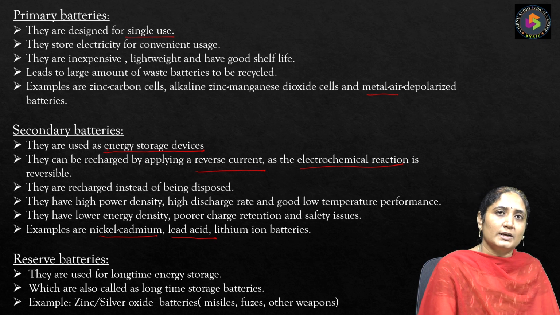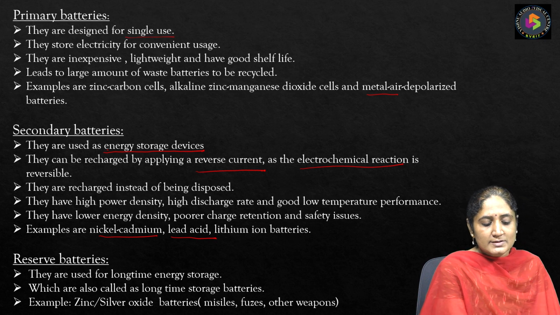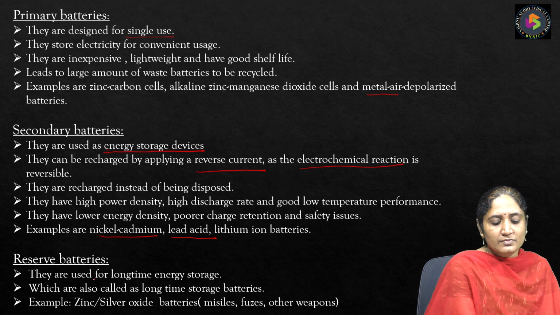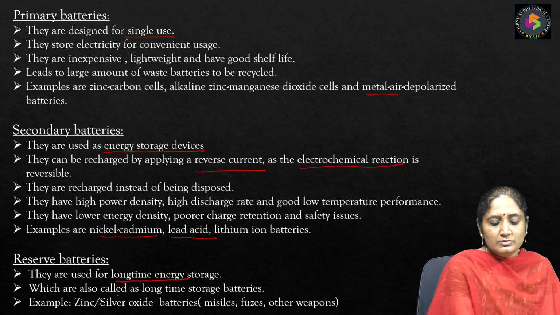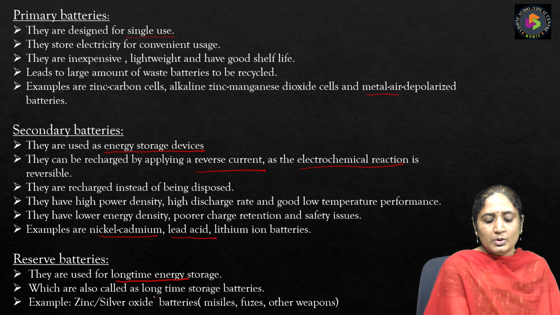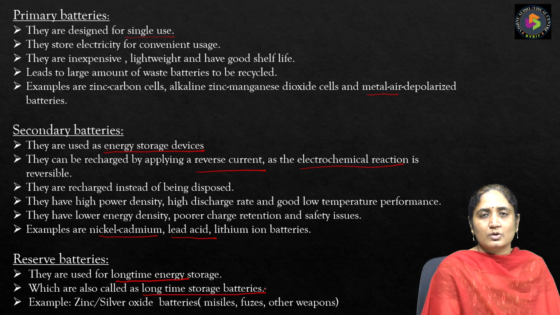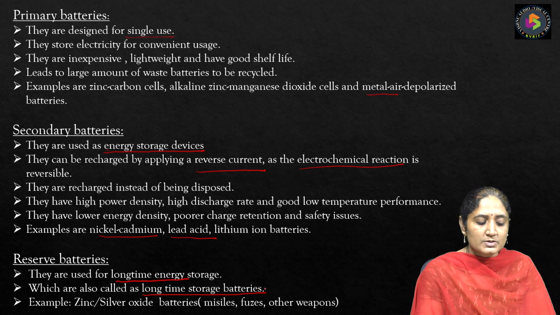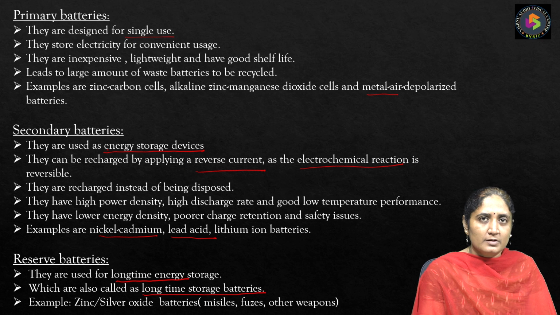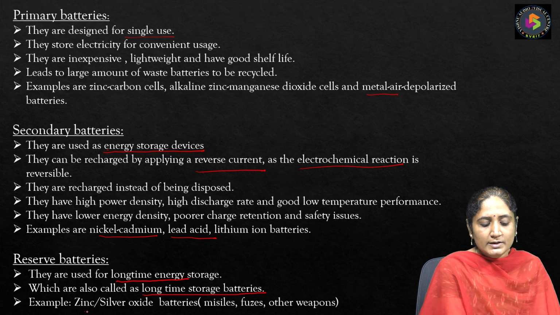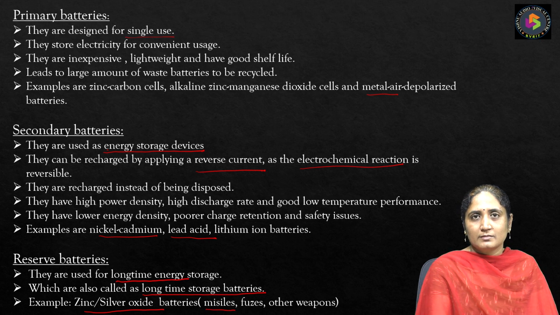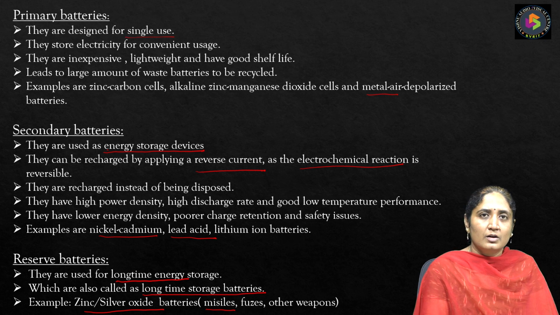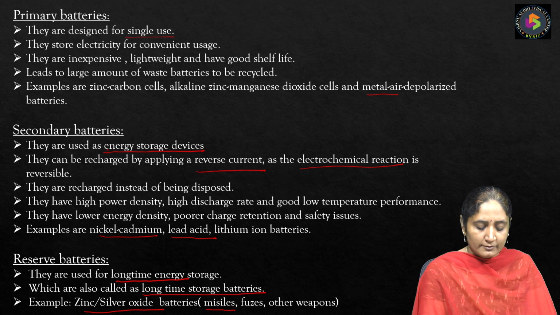So reserve batteries are used for long time energy storage, and they are also called long time storage batteries. An example for reserve batteries is zinc silver oxide. These batteries can be used in missiles, fuses and other weapons.